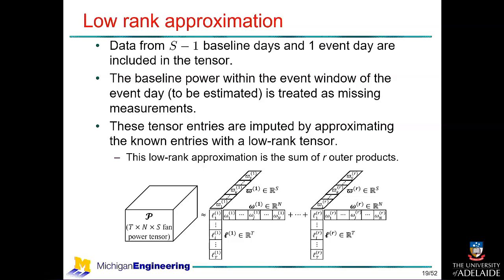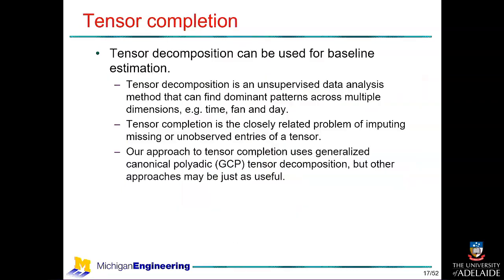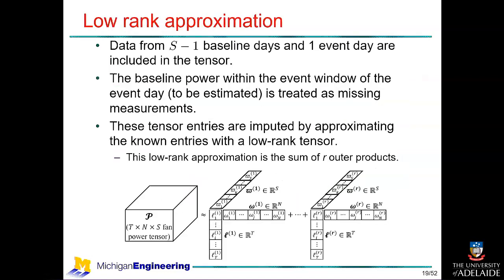The baseline power within the event window of the event day is treated as missing data. So for that event day, we have all of the information that's shown in blue, but the red information is now treated as missing information that the tensor completion process will seek to fill in.